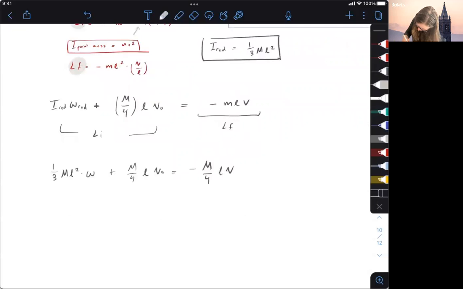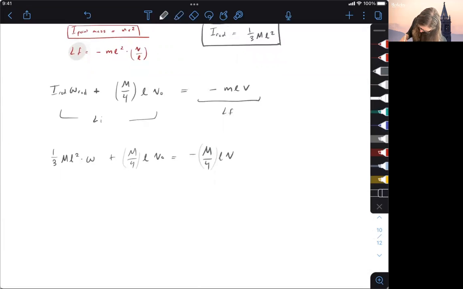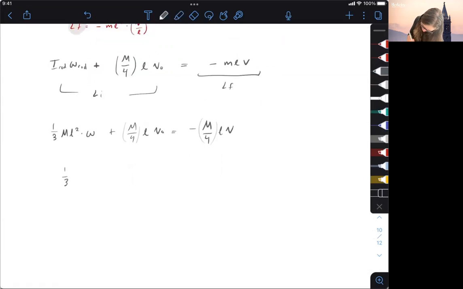Okay, well, we've got a lot of L's going on here. So let's cancel quite a few things here. Let's cancel all of these masses. We can't cancel M over 3, but we can cancel the M, right? I think we're going to have to keep the fractions in there. So let's cancel all of the M's, and then we're going to have 1/3 L squared.